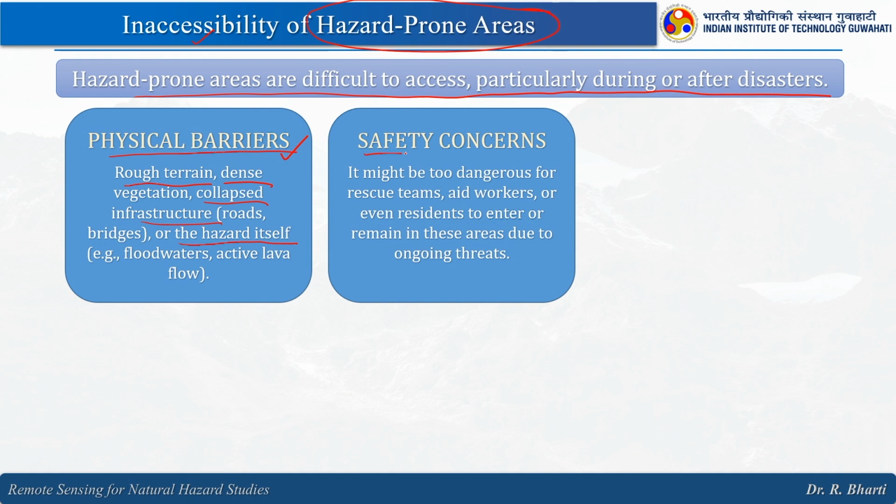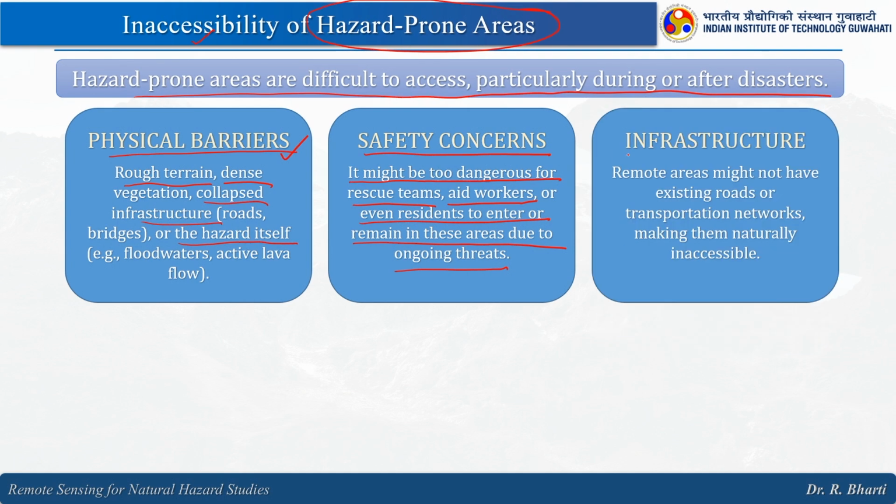Then there is the safety concern: it might be too dangerous for rescue teams, aid workers or even residents to enter or remain in these areas due to ongoing threats. Then the infrastructure damage: remote areas might not have existing roads or transportation networks, making them naturally inaccessible, right.